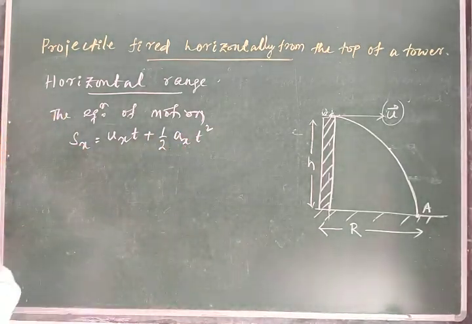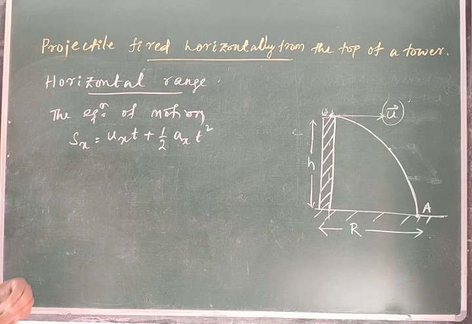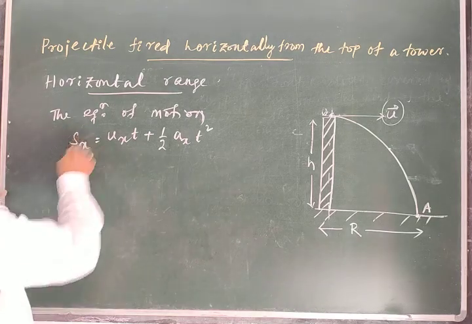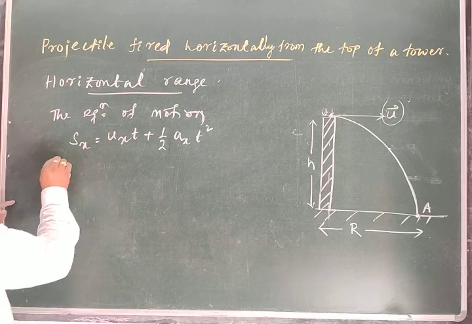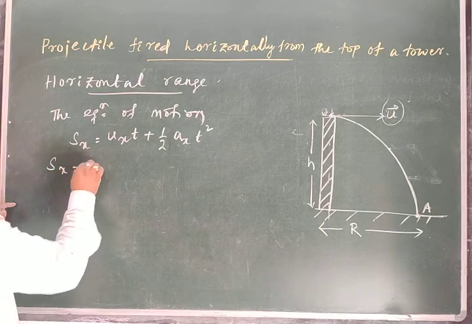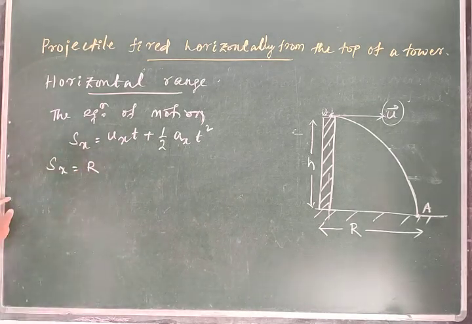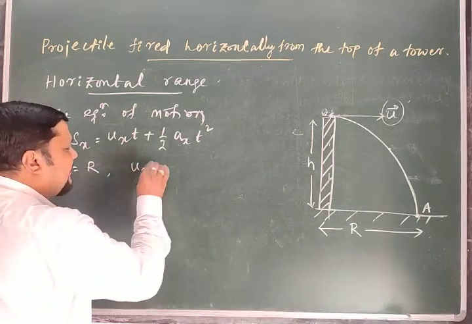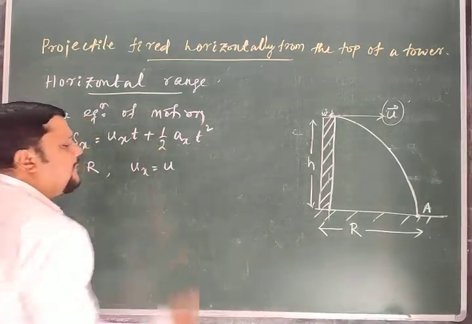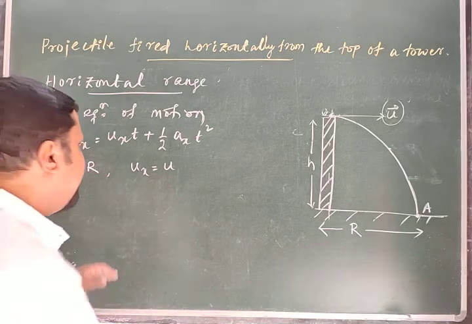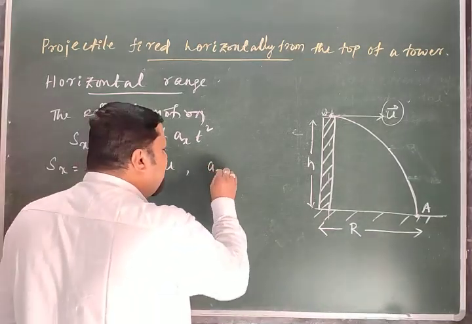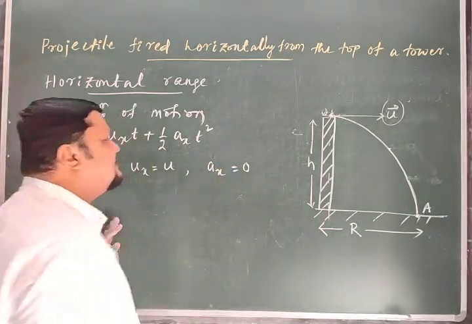So we have considered only the x component of these vector quantities. This is the displacement. So in this case, Sx is equal to R, ux is always uniform, that is u, and ax, there is no acceleration along the x-axis, that is 0.